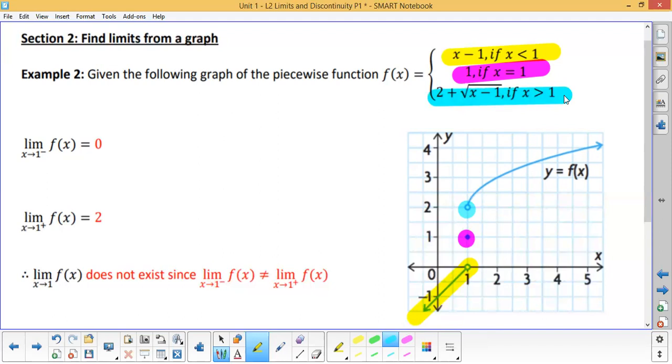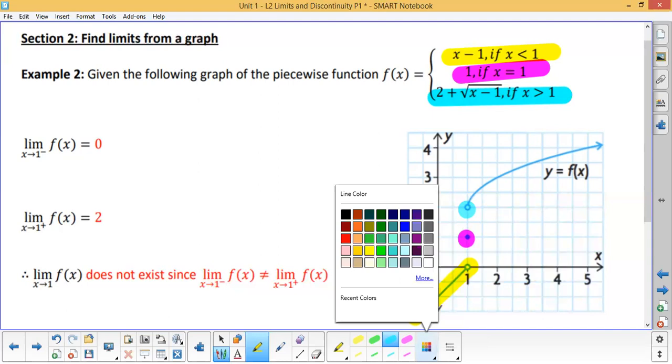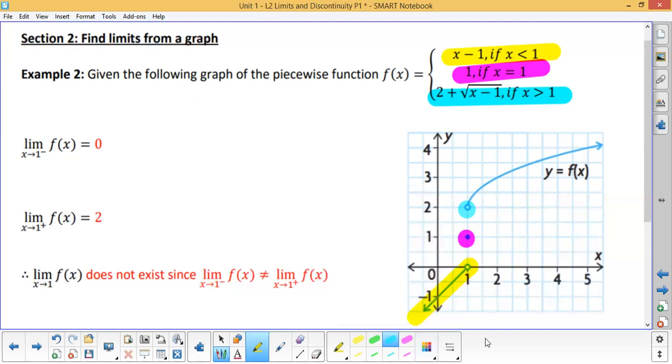So you can see that when we follow the yellow line, as we are approaching 1 from the left, the intended value or height of y, with dots, is y has an intended height of 0.